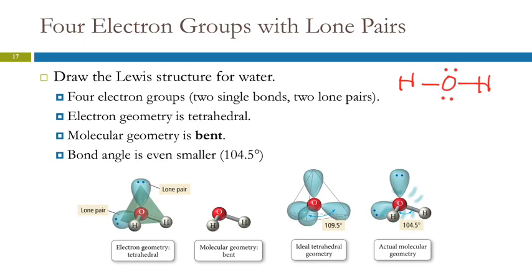How many electron groups? 4. 2 lone pairs and 2 bonds. What do 4 groups do? They make a tetrahedron. So here's the tetrahedron. We have a lone pair at 2 of the positions and bonding pairs with hydrogen atoms at 2 of the positions. That's the electron geometry. To look at the molecular geometry, we make the lone pairs invisible.